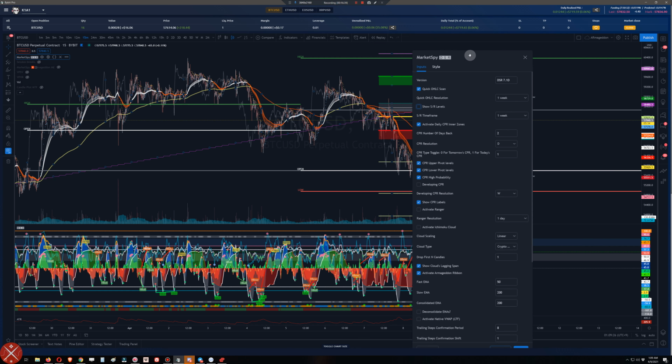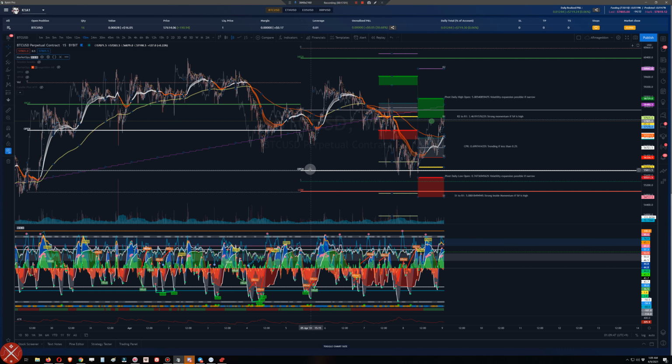Just move to the side. There they are. So green is support. White, right over here, is pivot. And then this pink level here, R, is resistance.